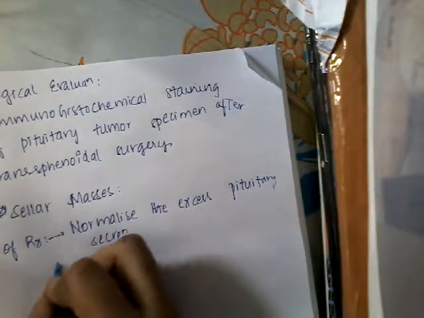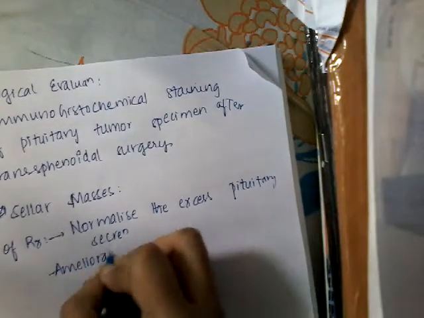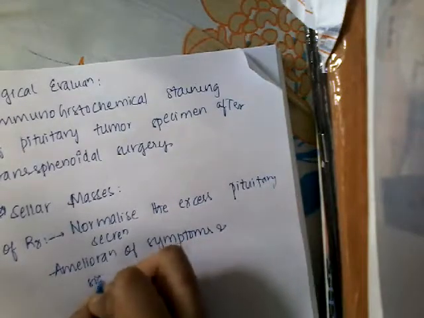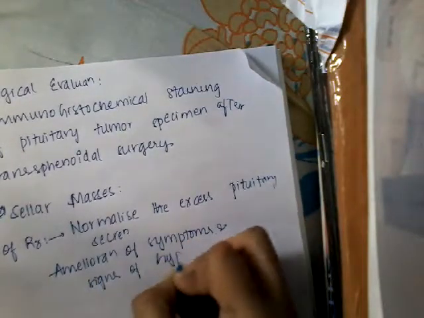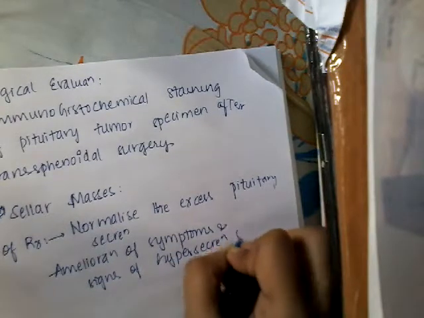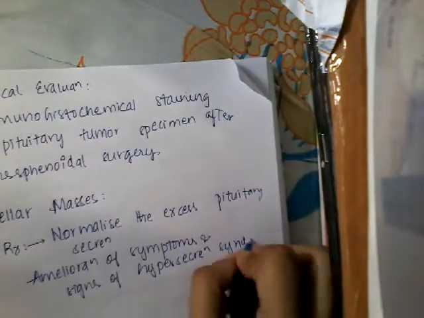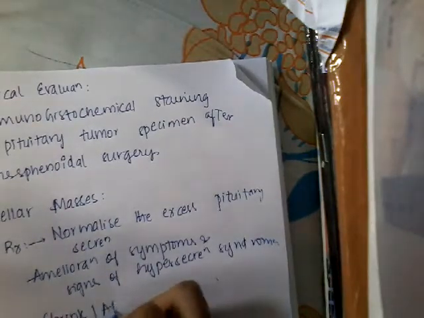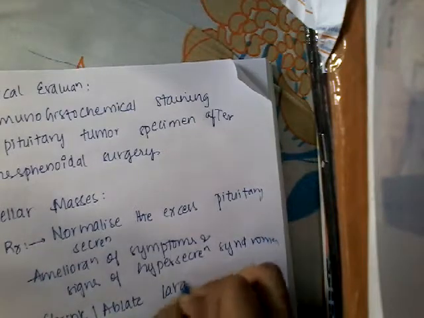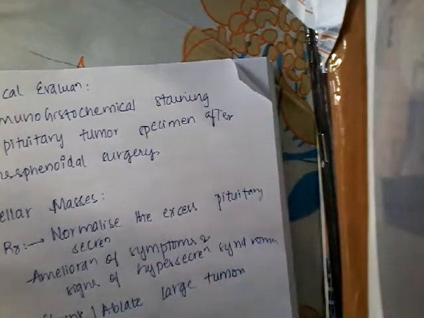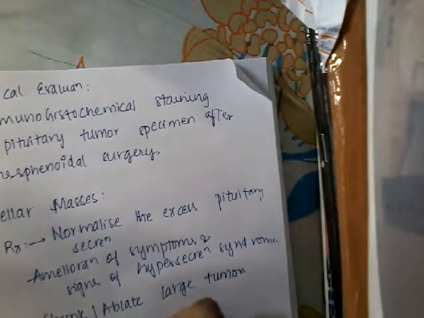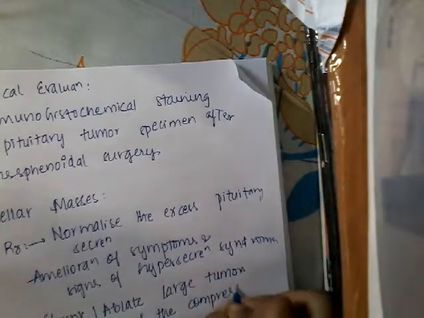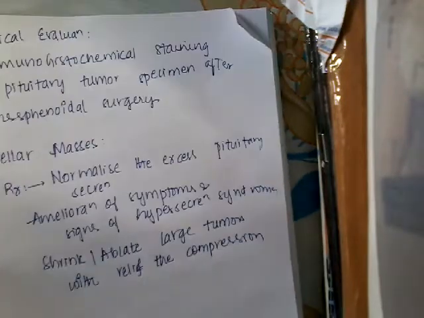It should be normalized, and you should decrease the symptoms, amelioration of symptoms. All the symptoms and signs should be decreased, basically those of hypersecretion syndromes, because these cause many adverse effects. And you will have to shrink or ablate large tumors, because large tumors can cause compression, so you'll have to relieve the compression. So all these three are the major goals of the therapy.